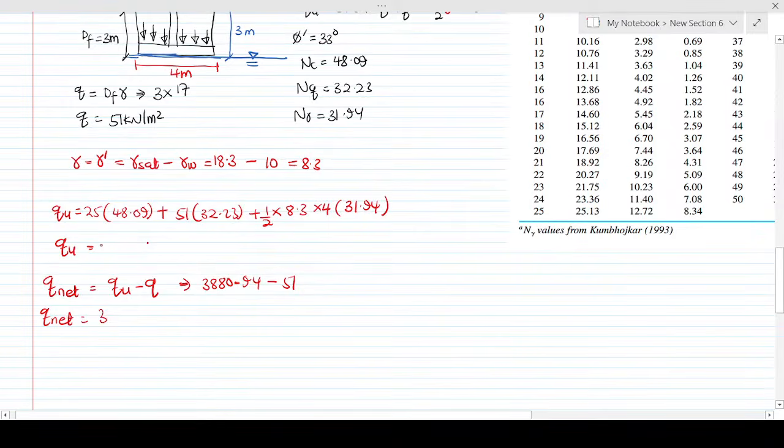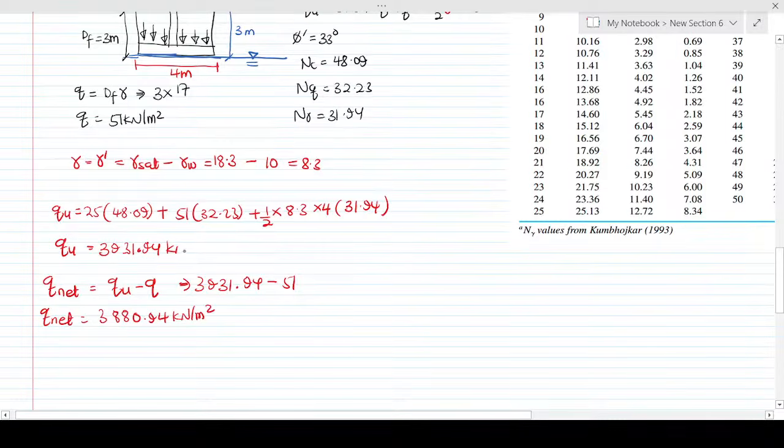So this is 3931.94. And so when you do the subtraction, you're going to get 3880.94 kilonewton per meter.